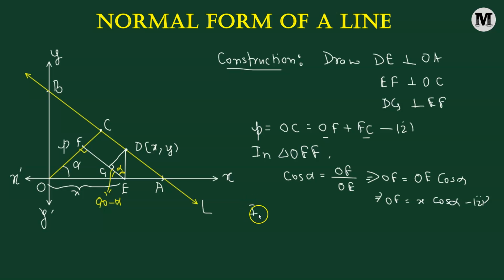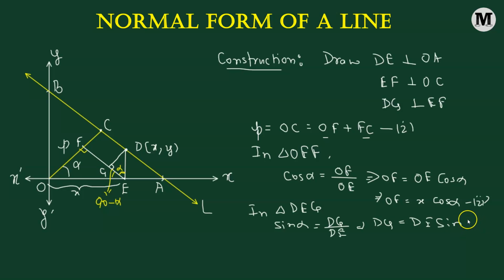And then next we are going to consider the smaller triangle DEG. In triangle DEG, this time we're going to consider the sine of the angle alpha. Sine alpha is the opposite, which is DG, over the hypotenuse, which is DE. So I can cross multiply to get DG, which is equal to DE sine alpha.